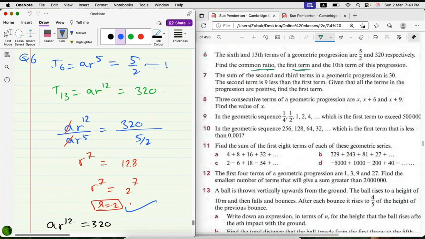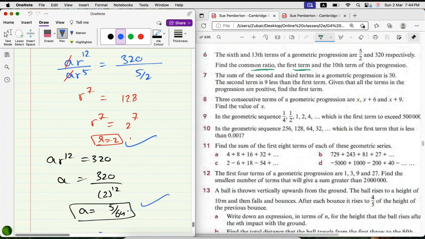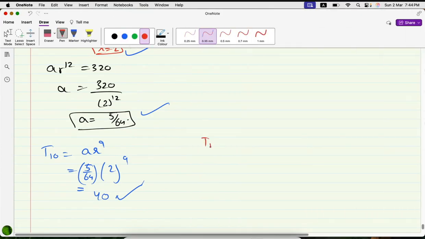So these were two simultaneous equations. We solved them to get R and then A. Once done, we can rewrite them. If I would write one step in detail, Tn is equal to AR raised to power n minus 1, where A is 5 by 64.